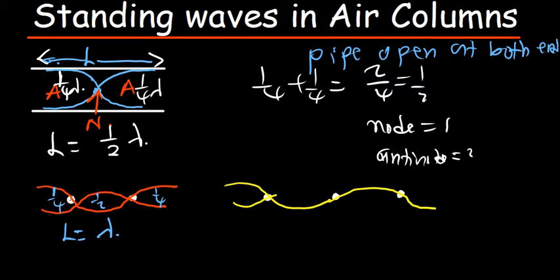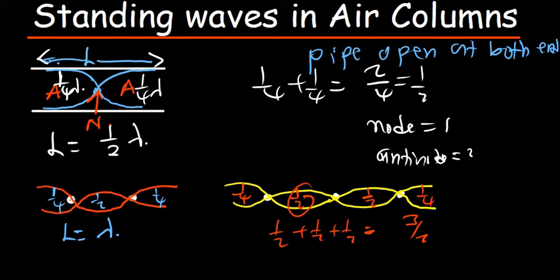This part is 1/4, this is half, this is half, and this is 1/4. So 1/4 plus 1/4 gives me half. Half plus half, again half, because 1/4 plus 1/4 is half. I'll end up having 3/2.